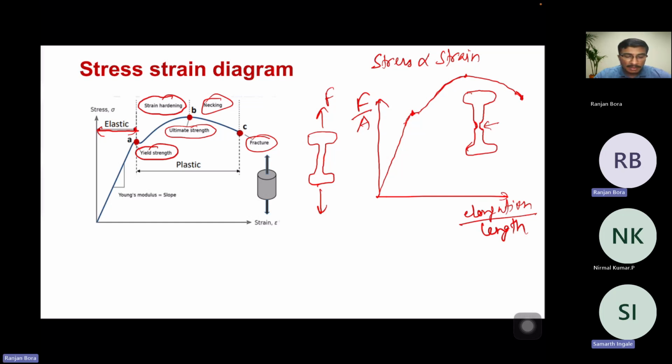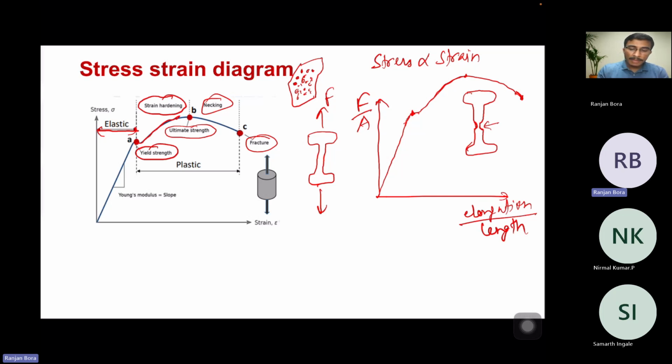Strain hardening is coming not from the length, but because of the applied load. There are some grain structures inside the material. After this yield strength, those grains align, like assuming this is one layer, this is another layer. The layers of the material stack up one above the other, and they act like a resistance to the force we are applying.